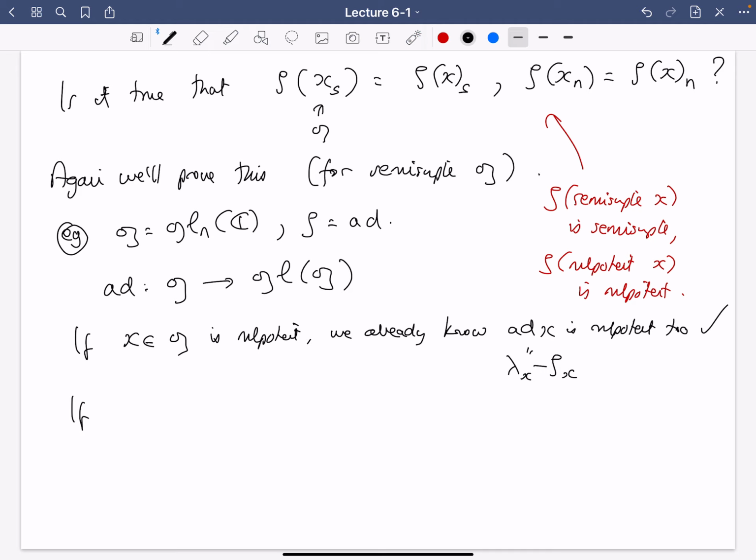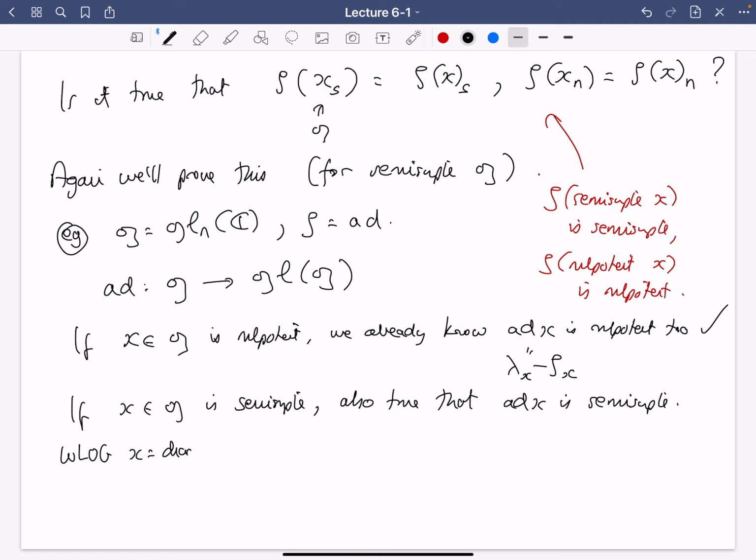And the same goes for semi-simple. If X in this GLN is semi-simple, so diagonalizable, it's also true that ad X is semi-simple. So let me just quickly finish by explaining that. There's not a whole lot going on. You may as well assume that X is just diagonal.